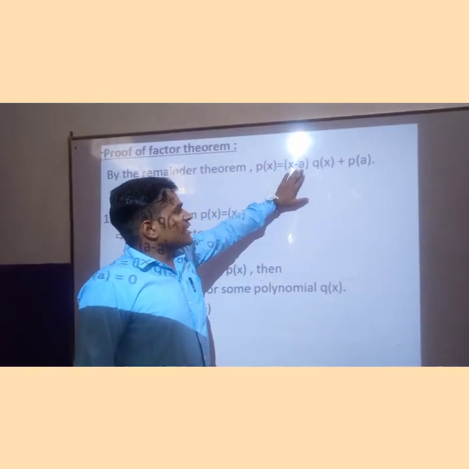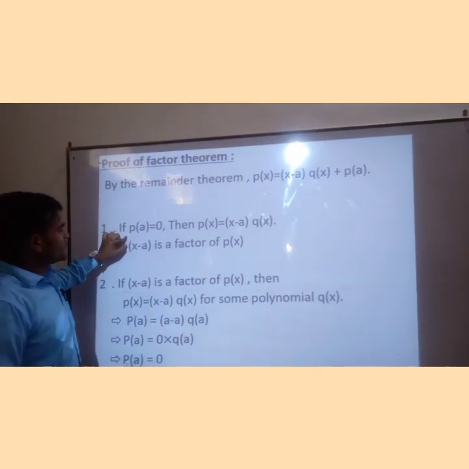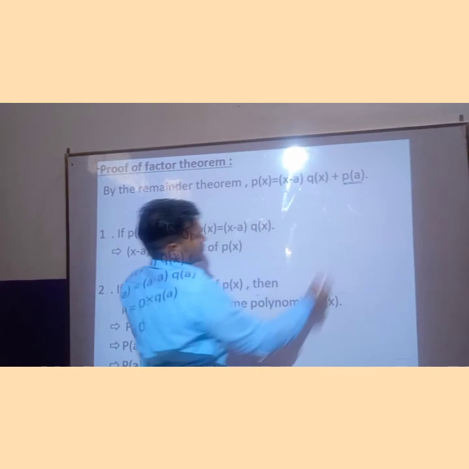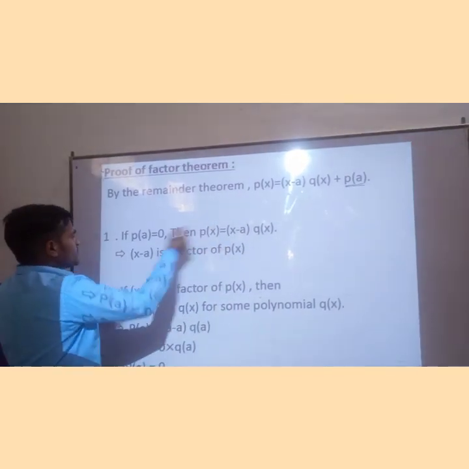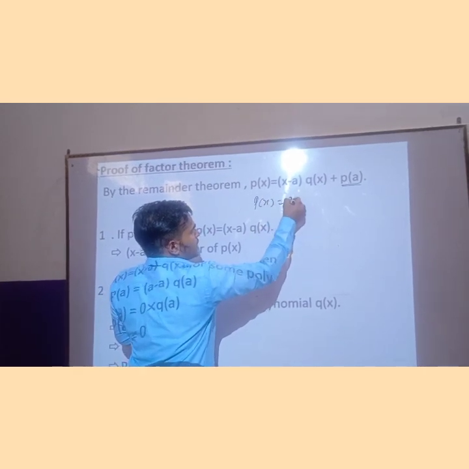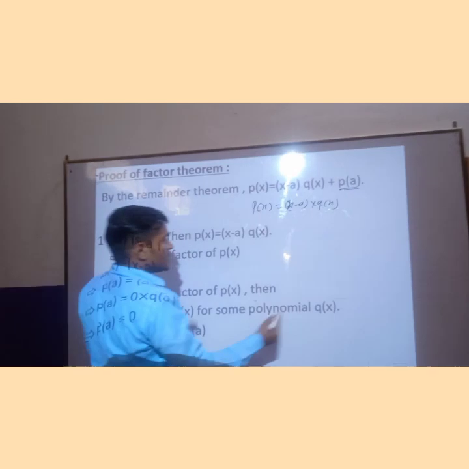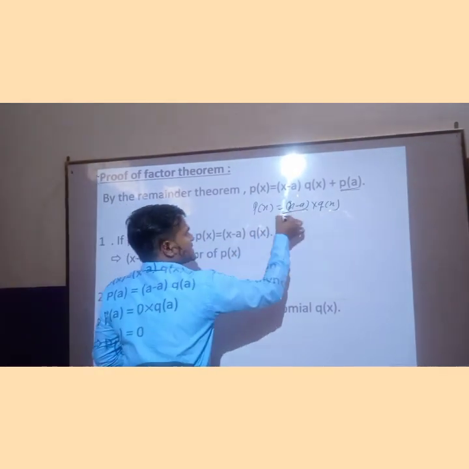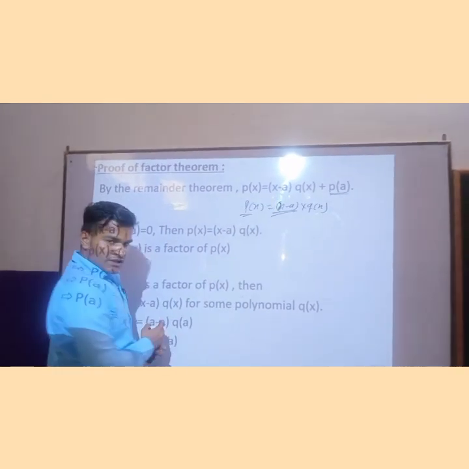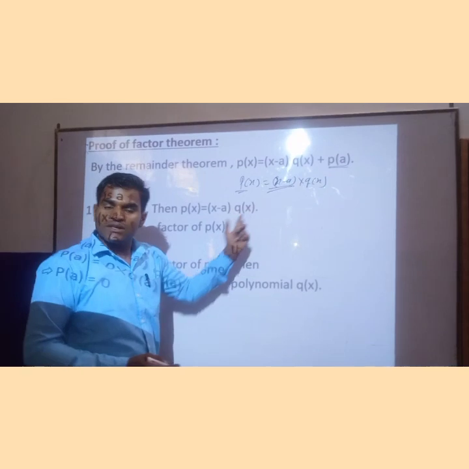So if p(a) is equal to 0, then we get p(x) is equal to (x minus a) into q(x). It means x minus a is a factor of p(x). Understood? And q(x) is also a factor of p(x), but here x minus a is a factor of p(x).